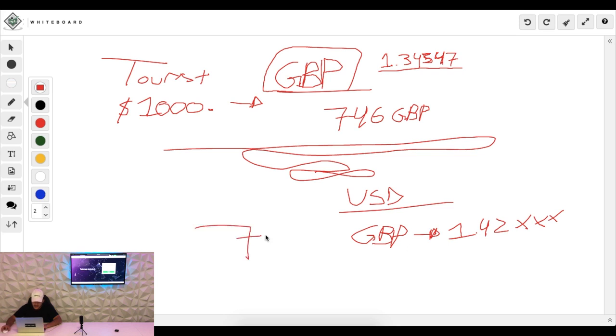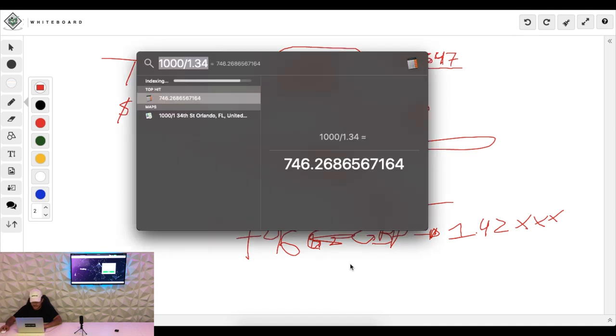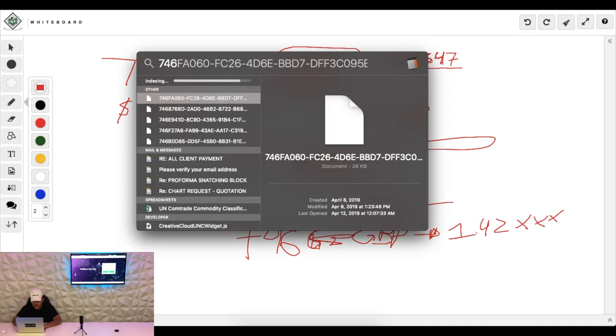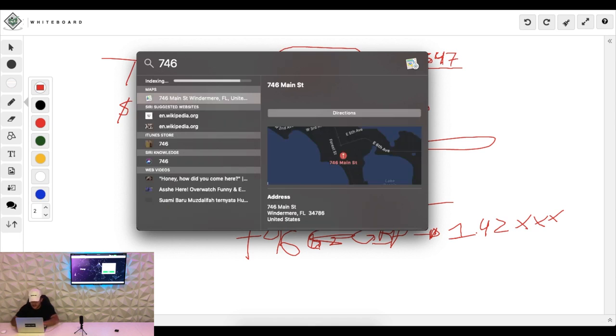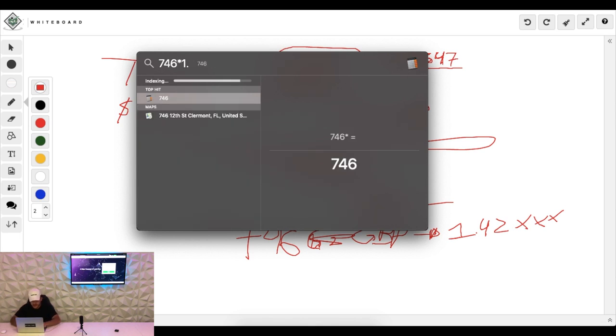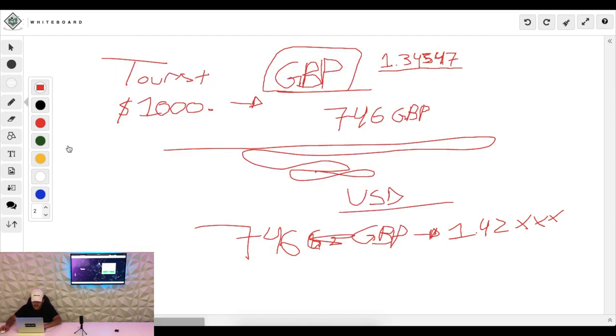If we still have our 746 GBP, we can simply do the reverse math: 746 times $1.42 gets us to 1,059 more or less.